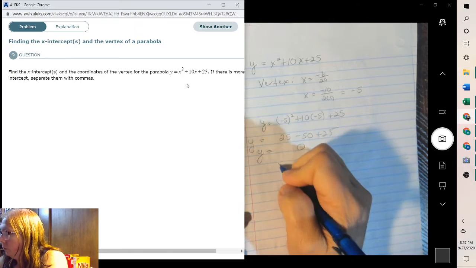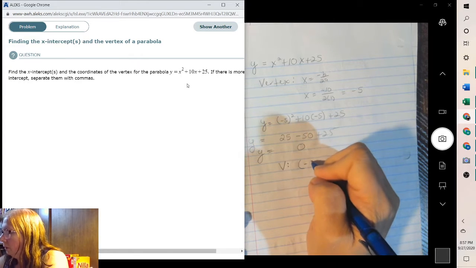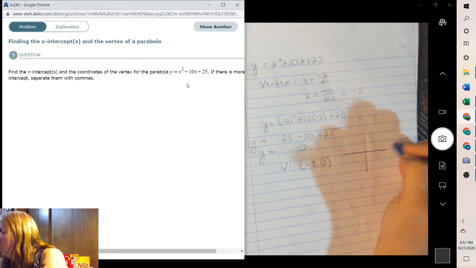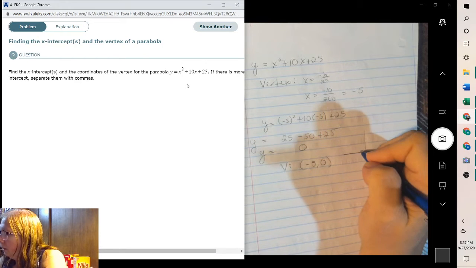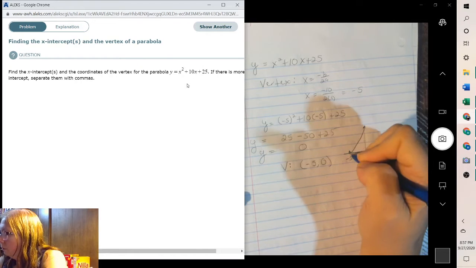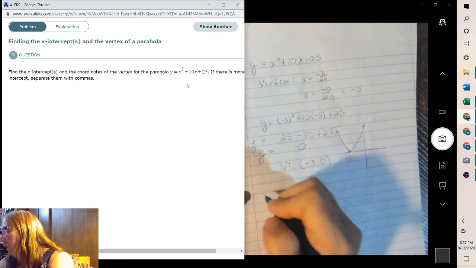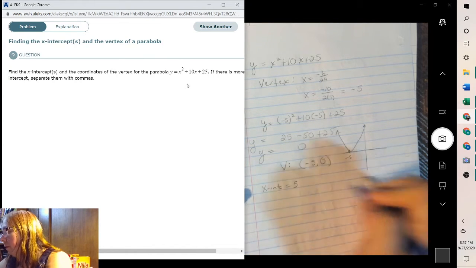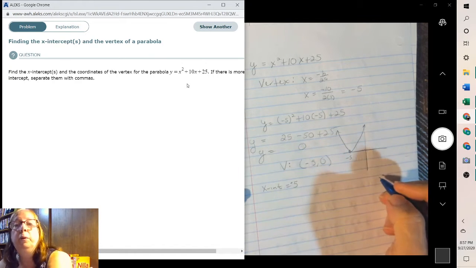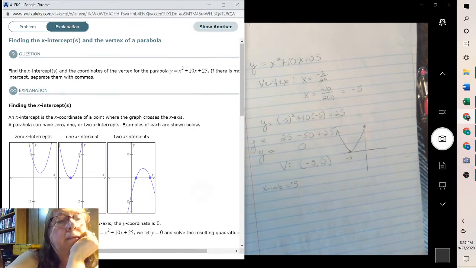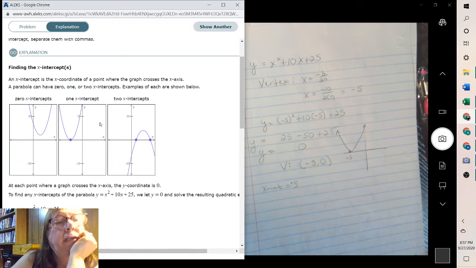So notice our vertex is negative 5, 0. Negative 5 is here, 0. Notice we already found our x-intercept, negative 5. They're both the same, because it's landing right here.